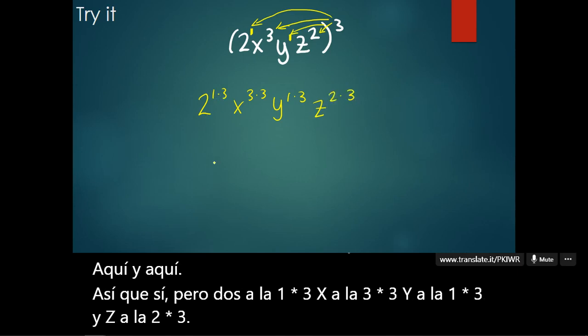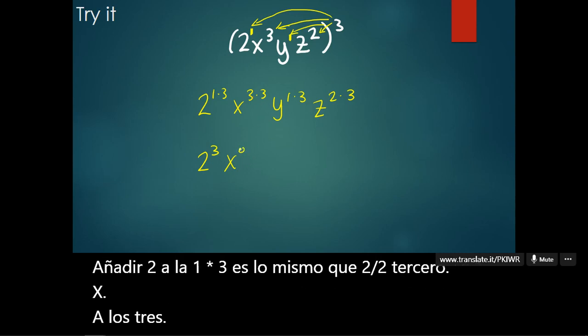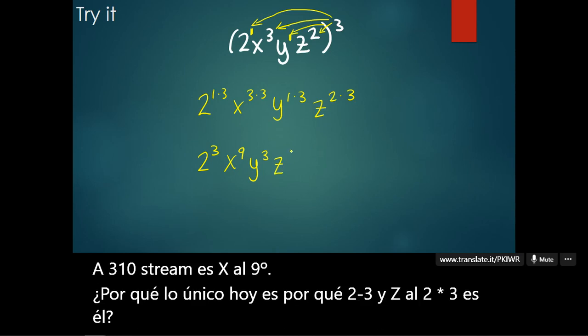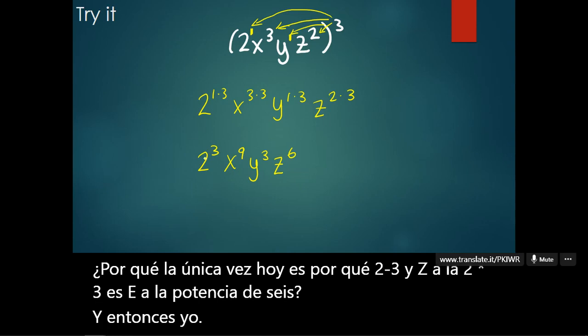2 to the 1 times 3 is the same as 2 to the 3rd. x to the 3 times 3 is x to the 9th. y to the 1 times 3 is y to the 3, and z to the 2 times 3 is z to the 6th power. And then I can multiply out 2 to the 3rd.